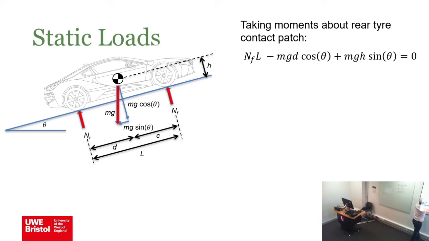In fact, we've said the positive is actually anti-clockwise in this way. NF times L, so those are in the anti-clockwise direction, minus mg cosine theta times D, which is that distance there, and also minus mgh sine theta.